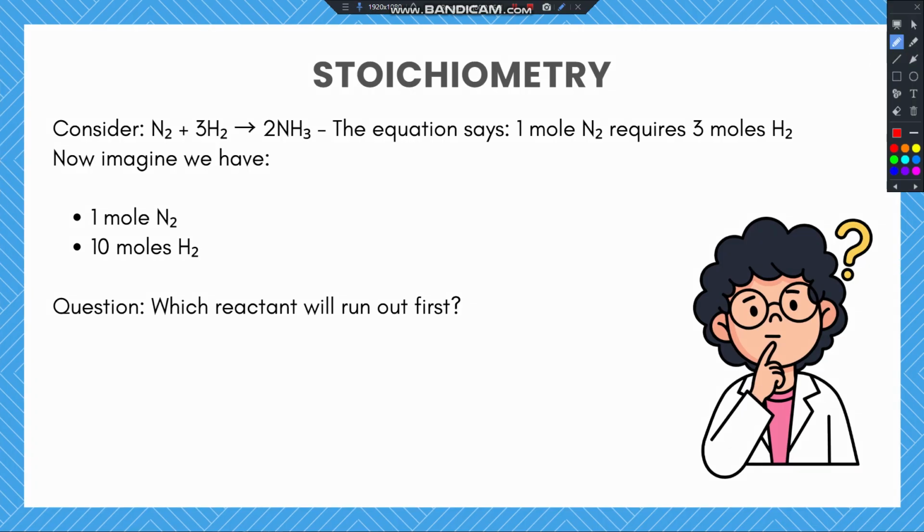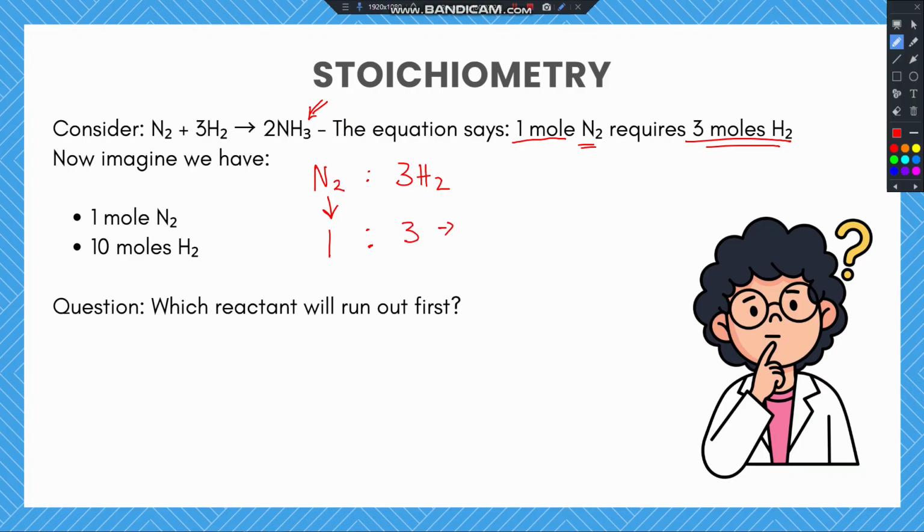Now you have this equation on the screen. The equation says 1 mole of nitrogen requires 3 moles of hydrogen. You can see from the equation we have nitrogen N2 and we have hydrogen 3H2. If we extract the coefficients, we have 1:3.